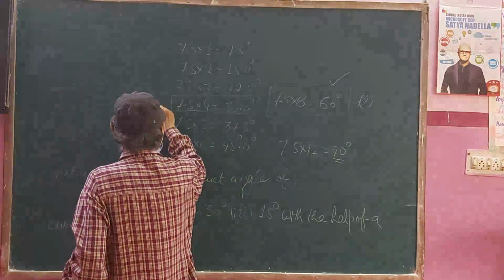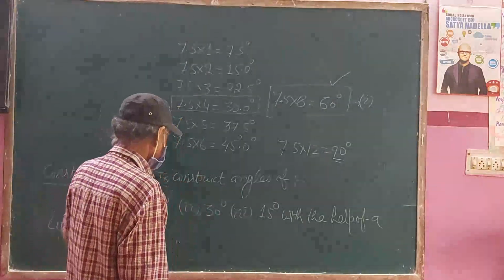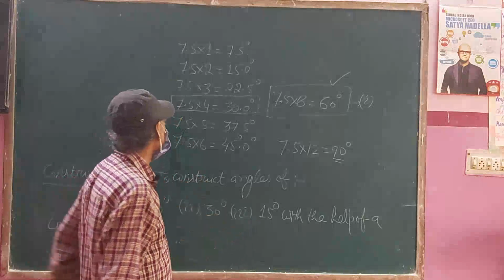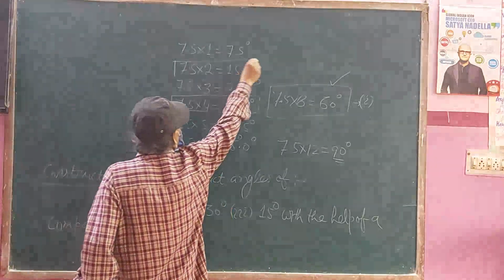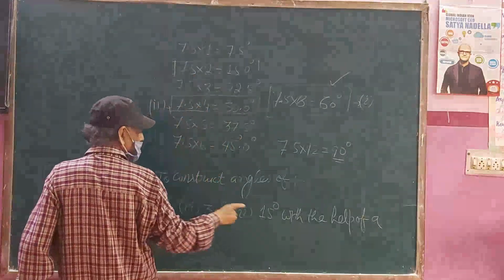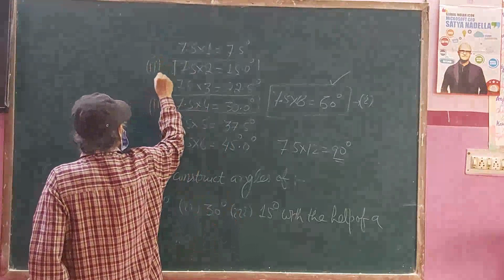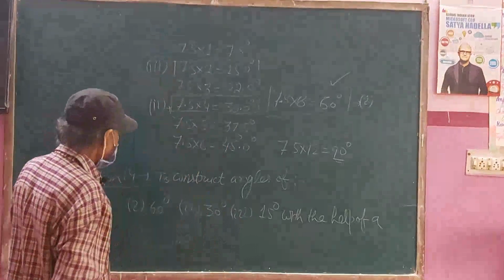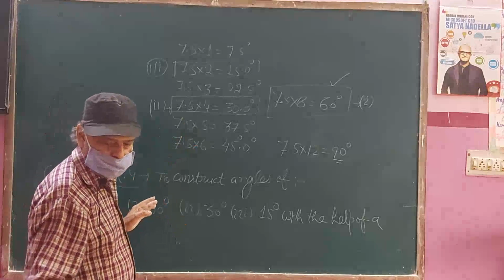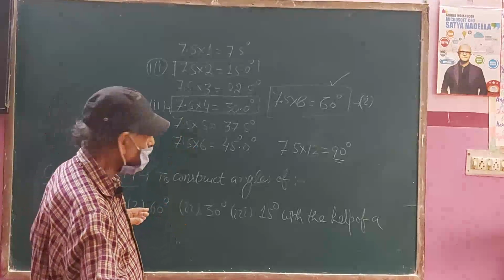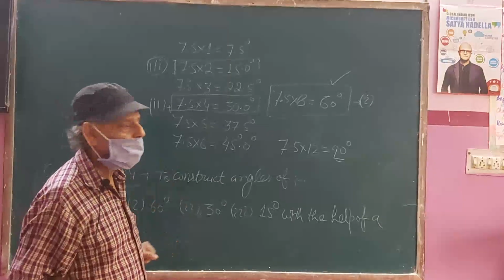Then this one is 15 degree. This is your 3. So you can make these 3 angles with the help of compass. Now, I will make these 3 angles with the help of compass.